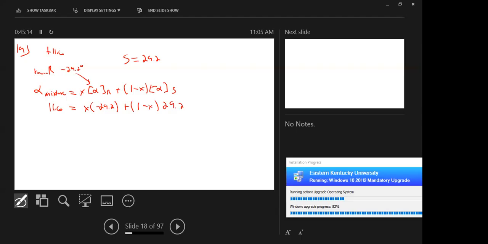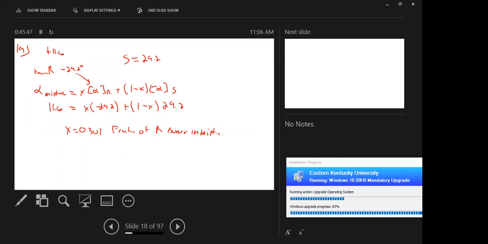You just use the distributive property, and I get X equals 0.301. And this is the fraction of R isomer in the mixture.